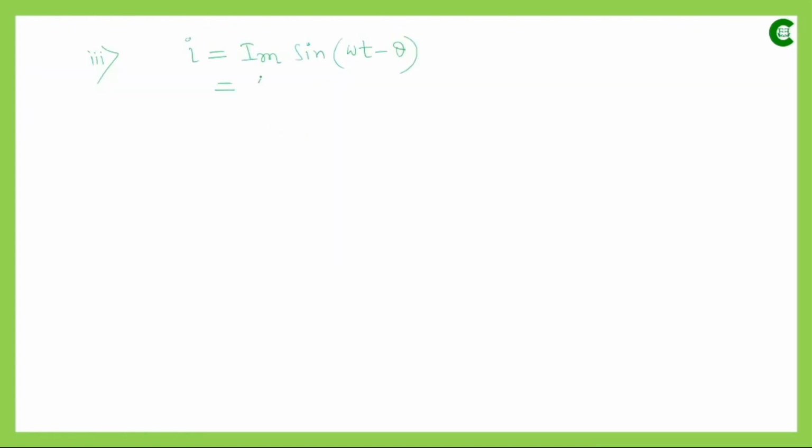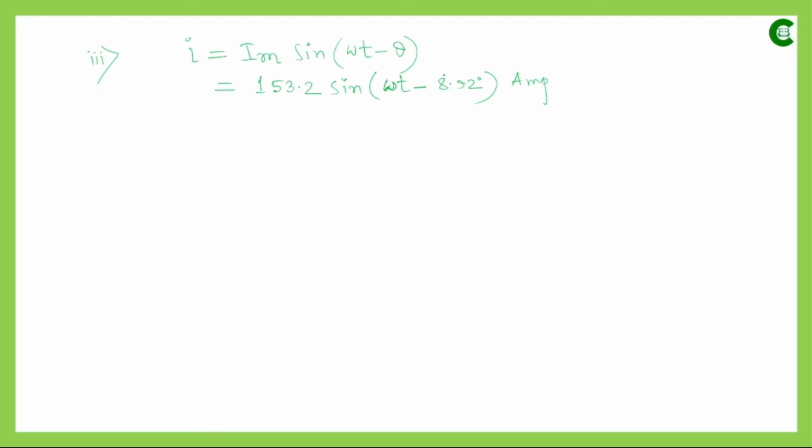Since we are including the phase difference within the sine, we will not write the angle once more; we will write only the peak value, the magnitude, and then omega t minus the phase difference between voltage and current, which is minus 8.92 degree.